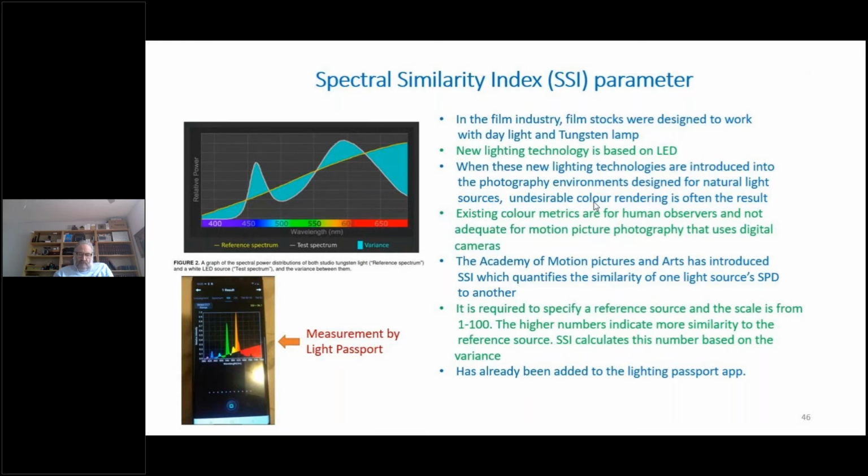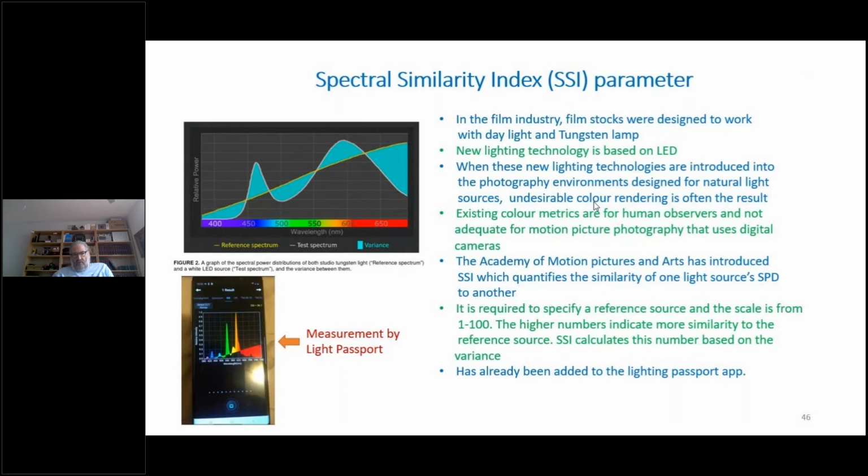So in order to compare and quantify the difference of the light sources to these black body sources, this SSI parameter has been introduced by the Academy of Motion Picture Arts and Sciences.